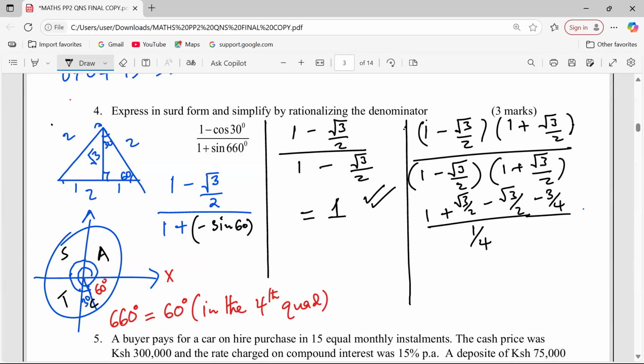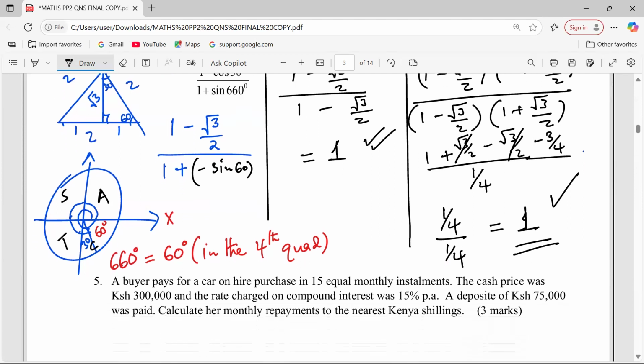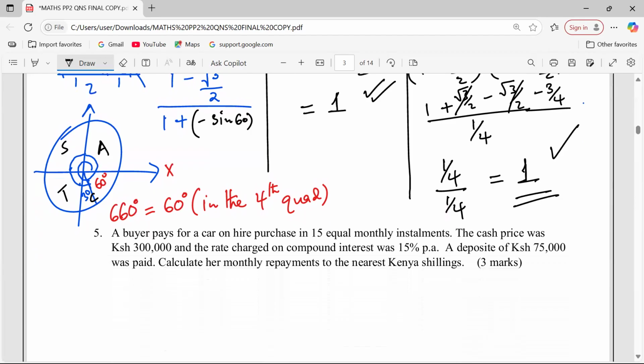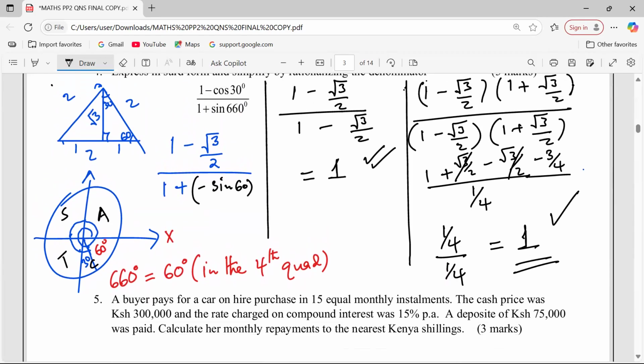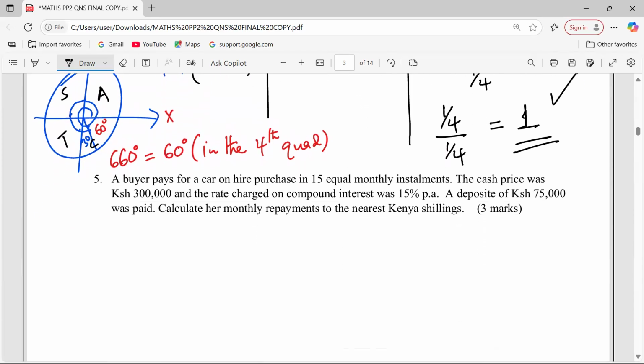So this part shall cancel with this, and we shall have 1 minus 3 quarters, which is just a quarter. A quarter over a quarter is just 1. So it's good to rationalize.